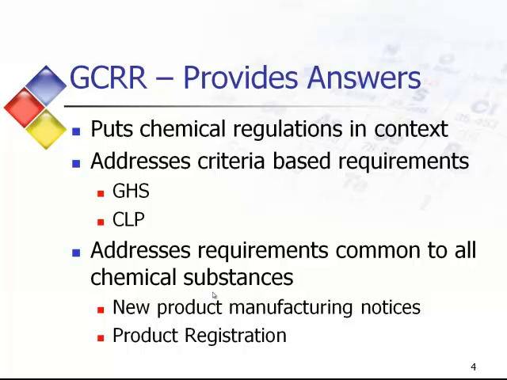These are criteria-based regulations, and as such, individual substances are not necessarily classified. In fact, in the case of OSHA, there's no expectation right now that there will be government-issued classifications. That means there's no place for this information in LOLI, but there is a place for it in the Global Chemical Regulatory Report.